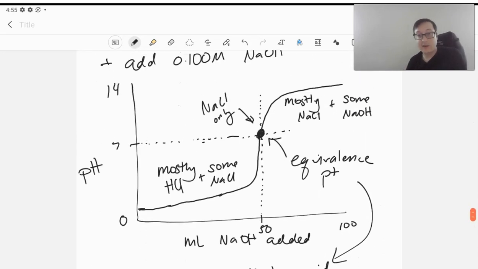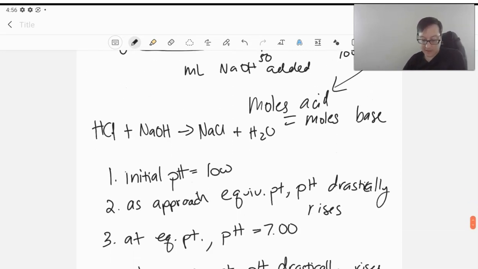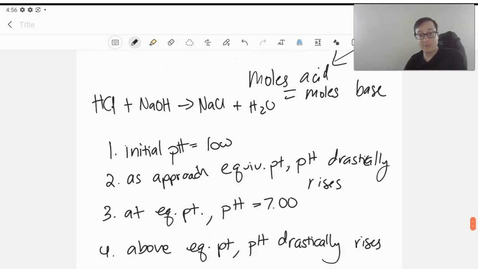Wherever we decide to end, we're going to rise drastically just in the last couple of mL right after the equivalence point, and then we level off again. So these are the things we're looking for. The initial pH is low. As we approach the equivalence point, the pH drastically rises. The equivalence point itself has a pH of 7. And just above the equivalence point, our pH drastically rises again until it levels off.